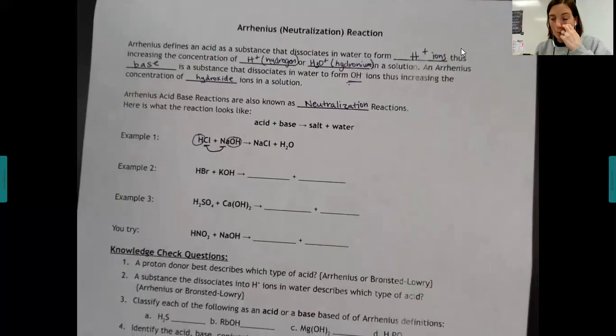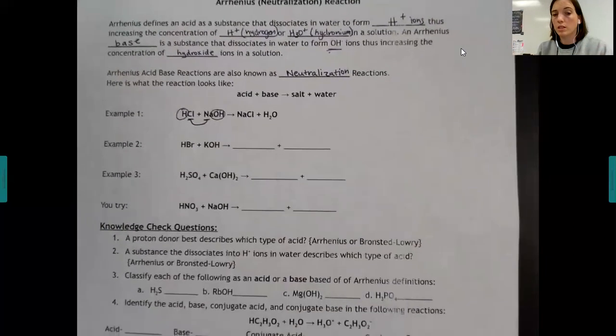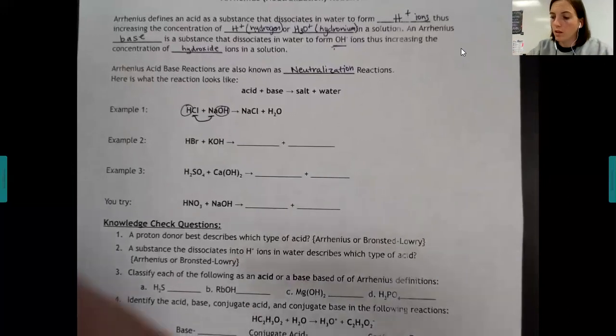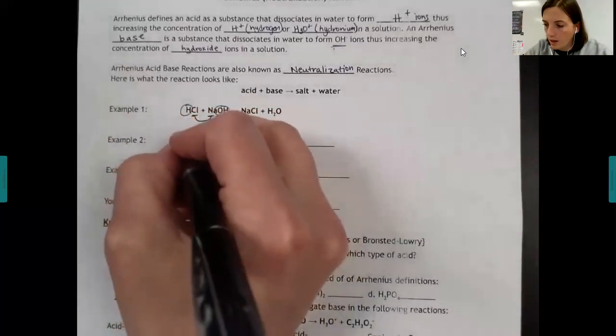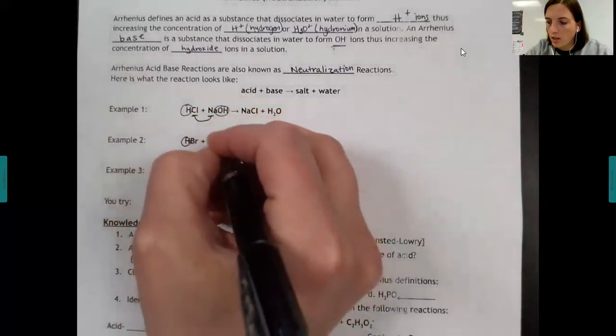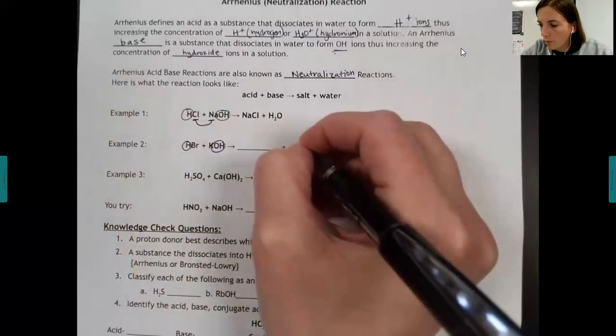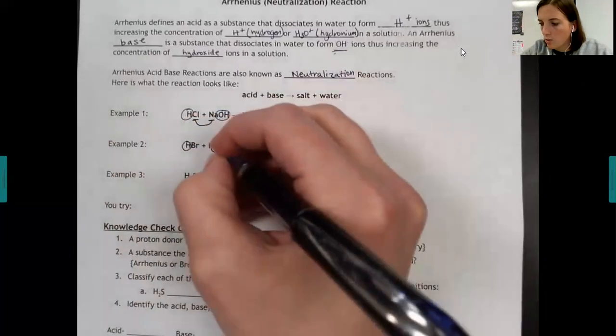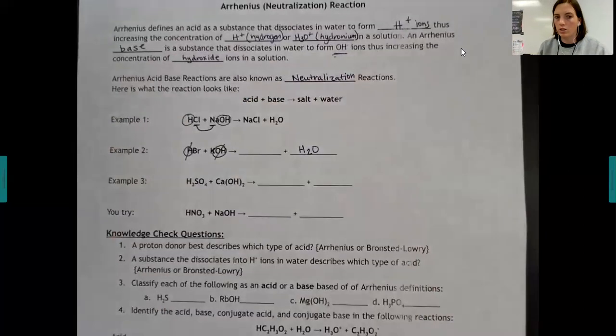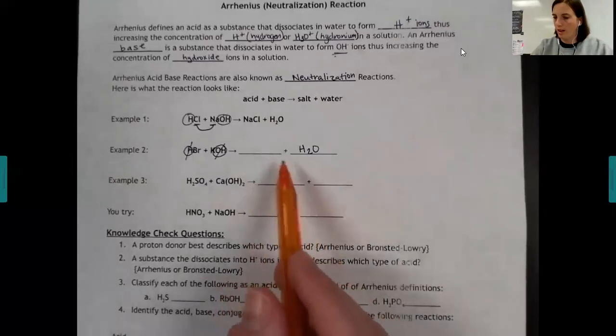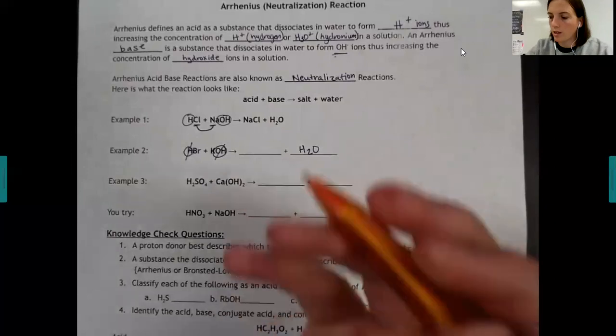So to work these kinds of problems, you're going to take the hydrogen and the hydroxide, and rewrite that as water, as H2O. So we took the hydrogen and the hydroxide out and wrote it as water. And it can go in either blank. I'm just choosing to write it in the second blank.